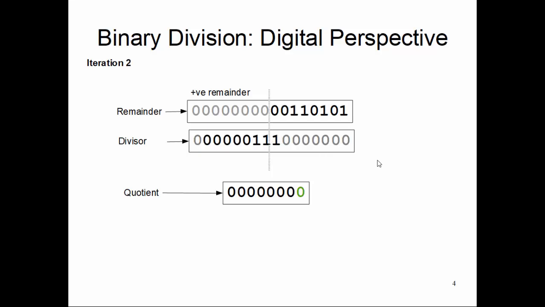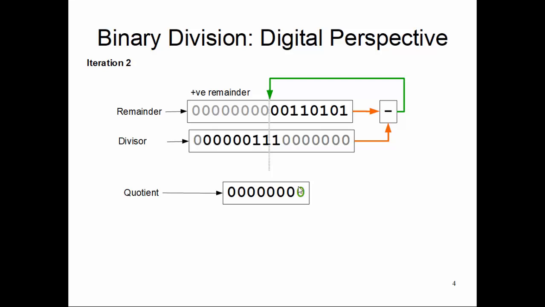Remember, we right shift the divisor, and that brings us into iteration number 2. Up to this point was iteration number 1. We finalize the quotient bit and then one shift, which is the last operation of iteration 1, and we go to iteration 2 and repeat the same process.